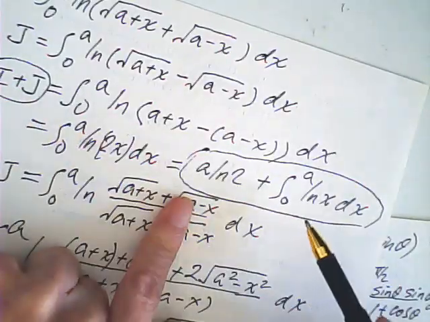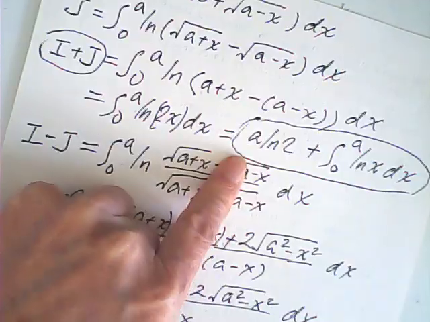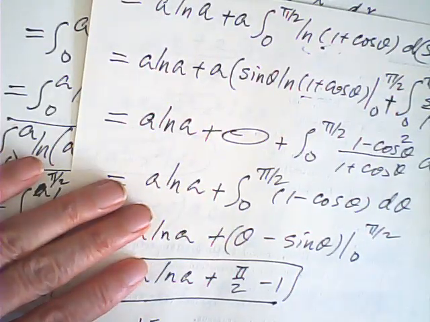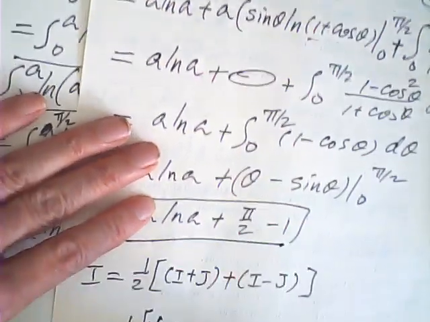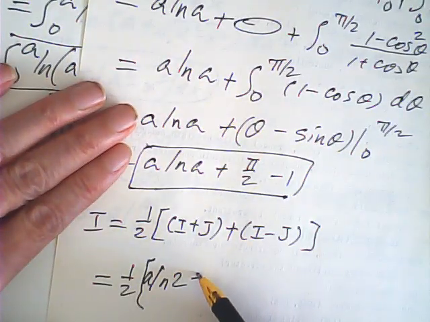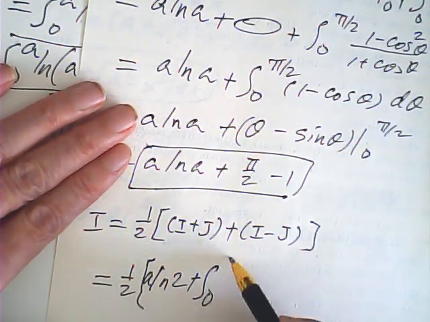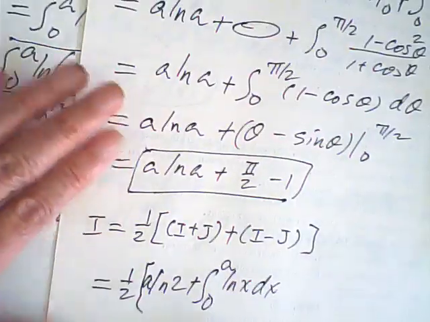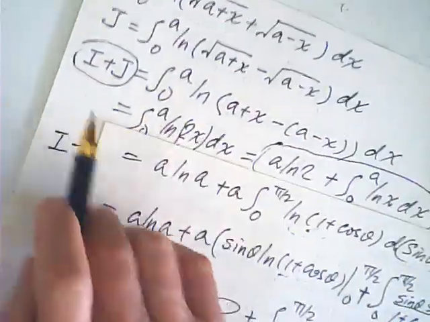I plus J is a natural log a times natural log 2, plus the integral of log a dx. That is I plus J.